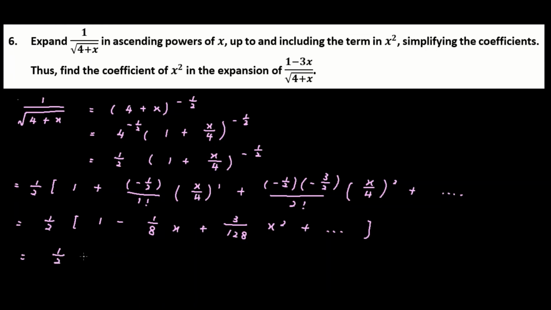So 1 over 2 minus 1 over 16 x plus 3 over 256 x squared, and so on.